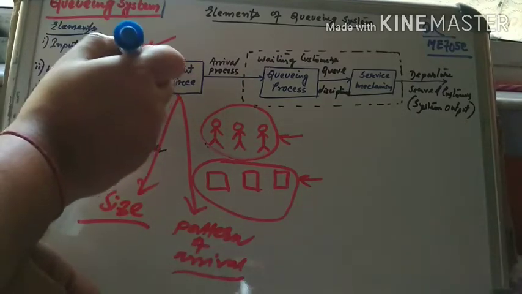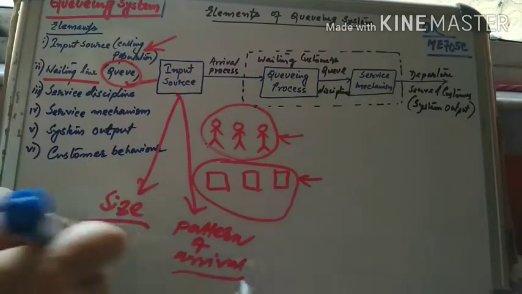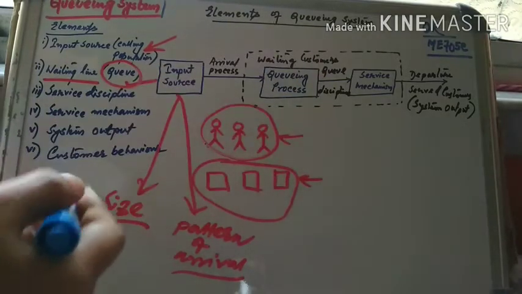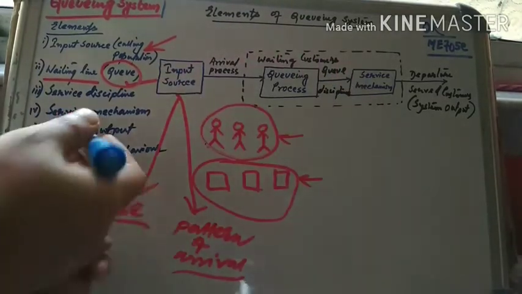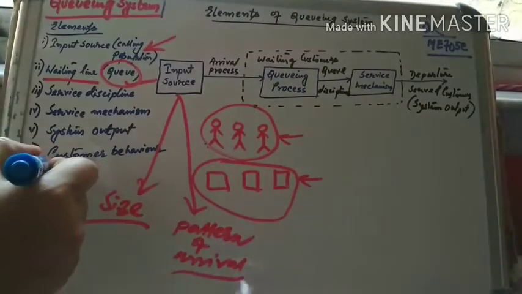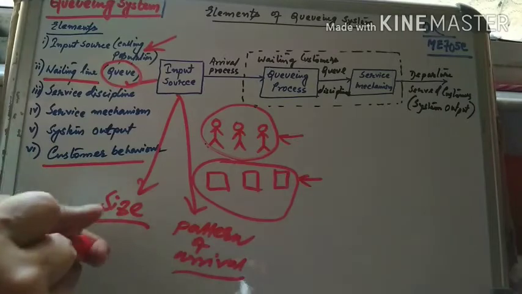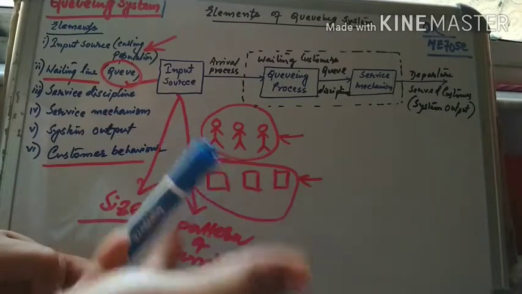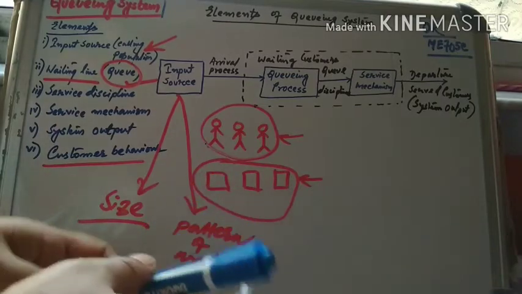This is the queue; the queue is the main thing we are dealing with. Next is the service discipline, as I already told, then the service mechanism, then the system output, and next is the customer behavior. Now in customer behavior we have to learn some terms, which I will discuss later. Some of the terms are reneging, balking, jockeying.